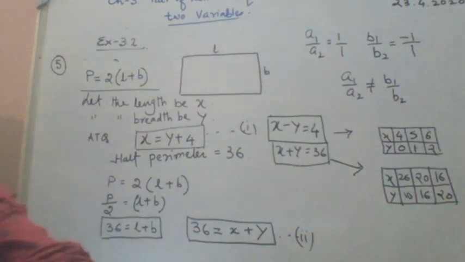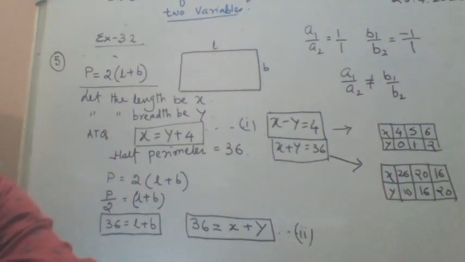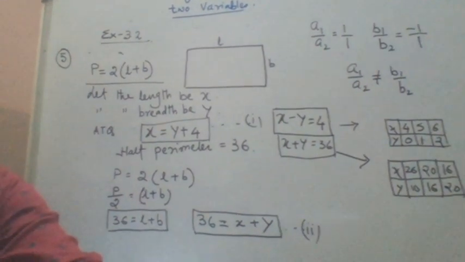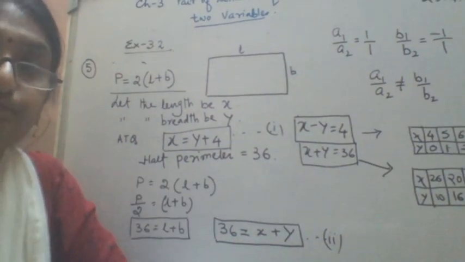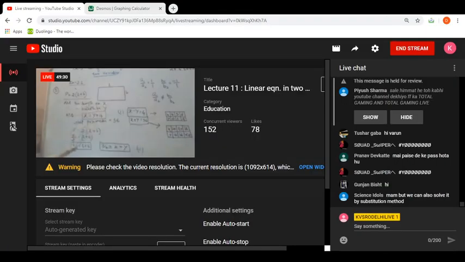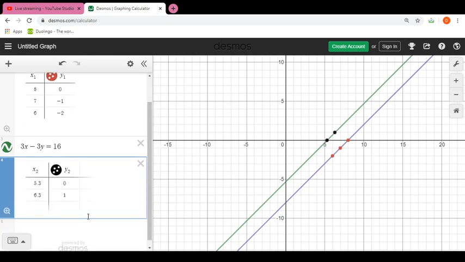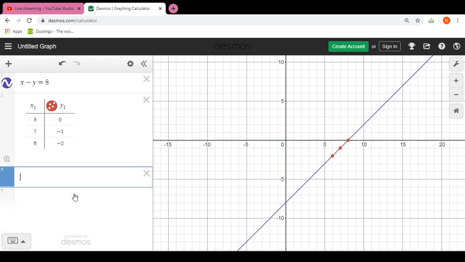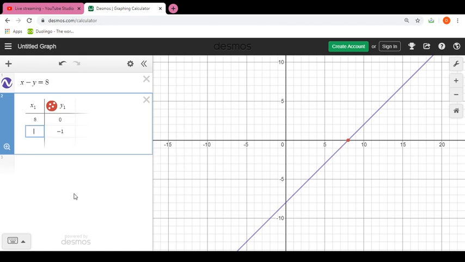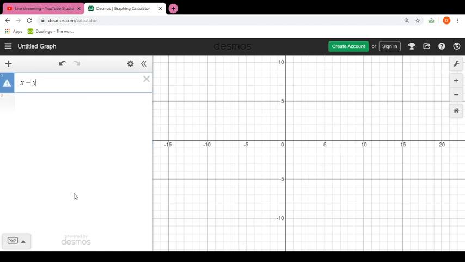Now we will have a look on the graph on our screen, how to plot it. Okay, now we are simply having a graph. We plot our points.